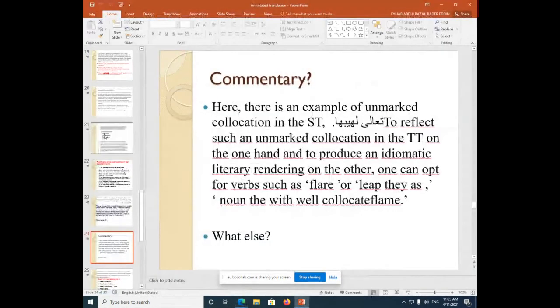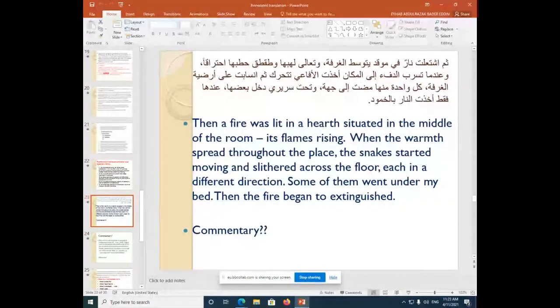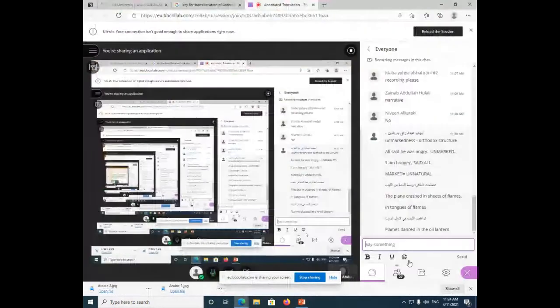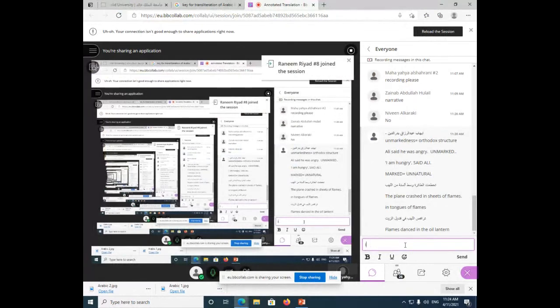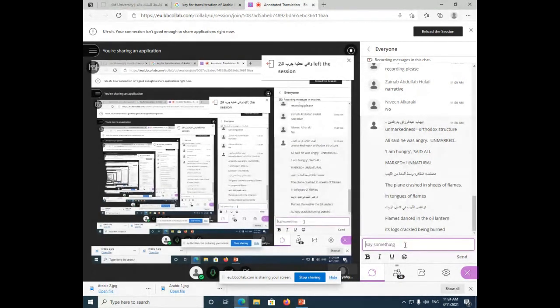طبعا the sentence we said was not complete. وطقطق حطبها احتراقا. Right? This is not mentioned here. So we can say, yes, any participation. So it's logs crackled being burnt. Okay? So it's logs crackled being burnt.